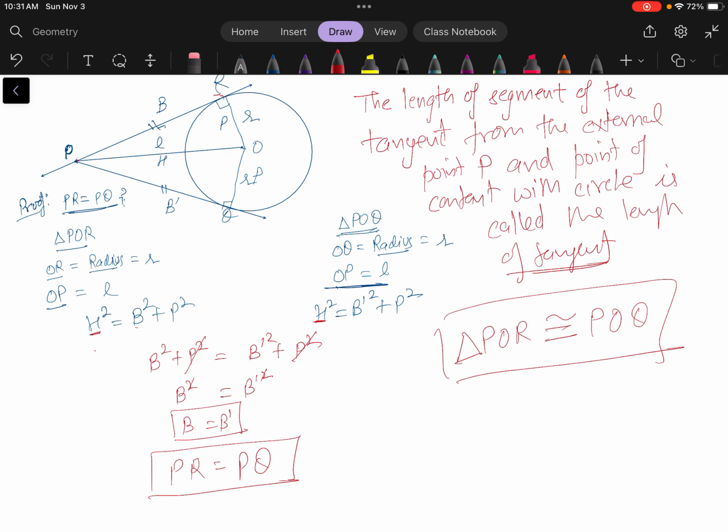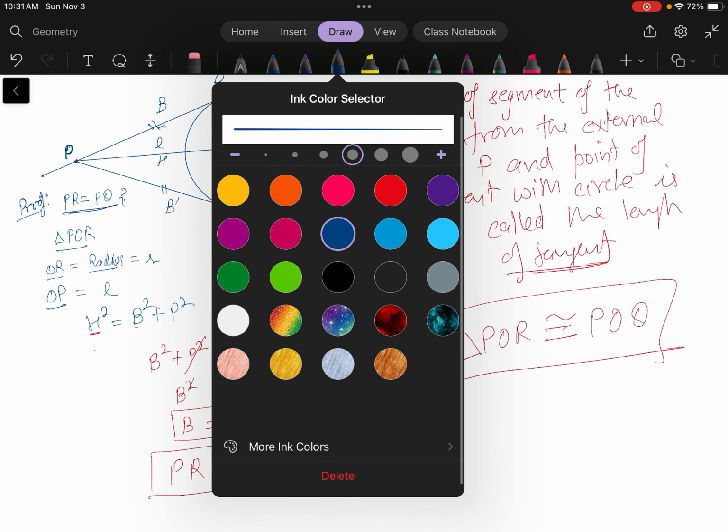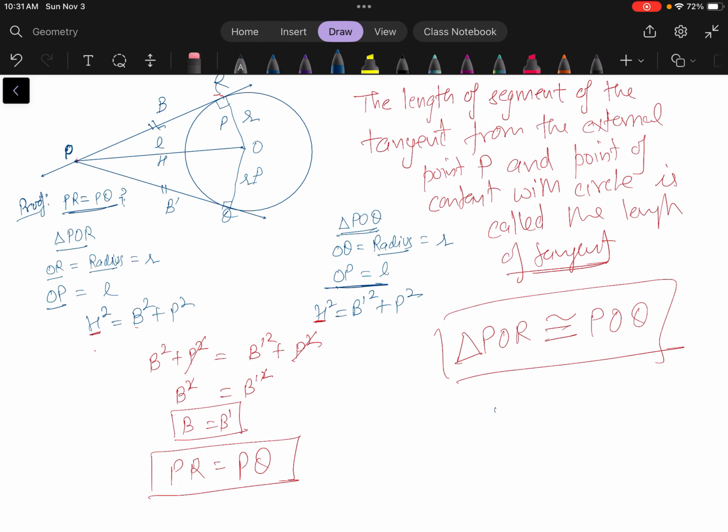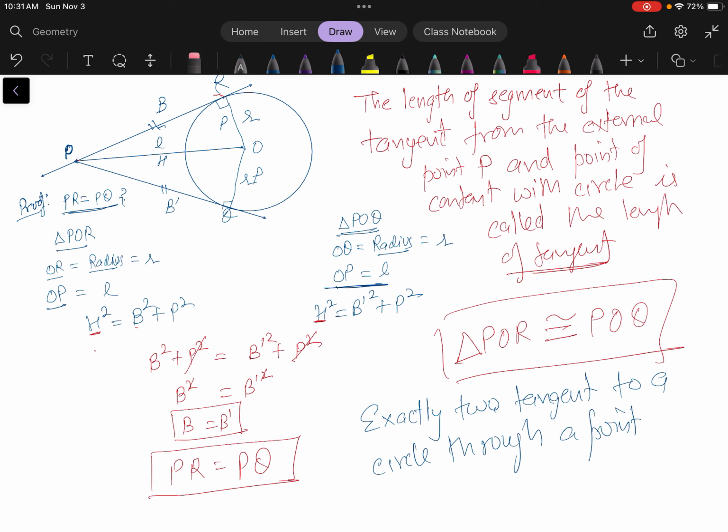So what is our property here? I'm just writing the theorem statement here. Exactly two tangents to a circle can be drawn through a point lying outside the circle.